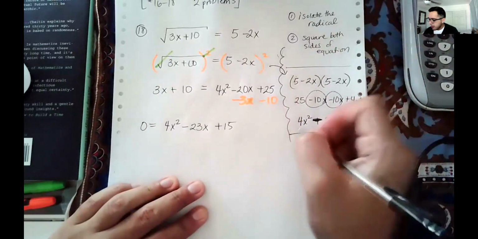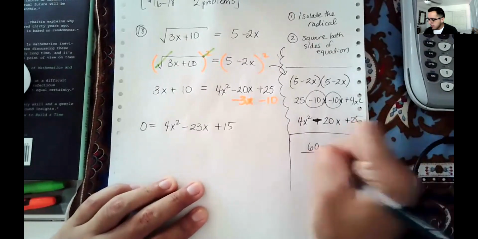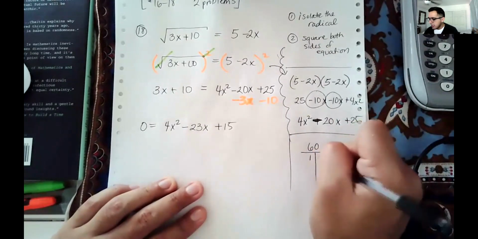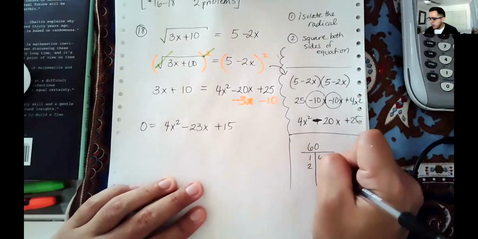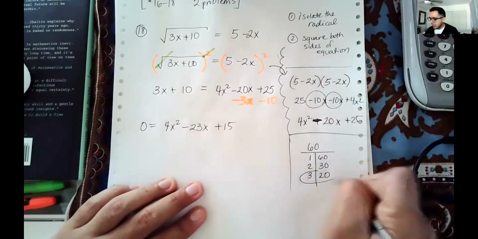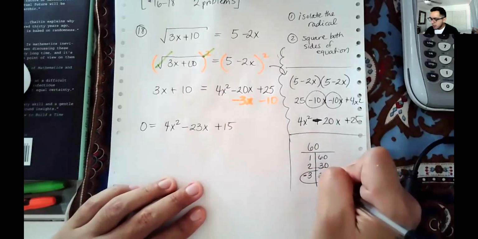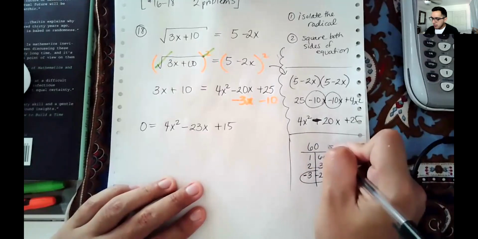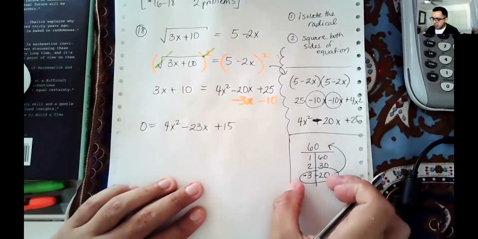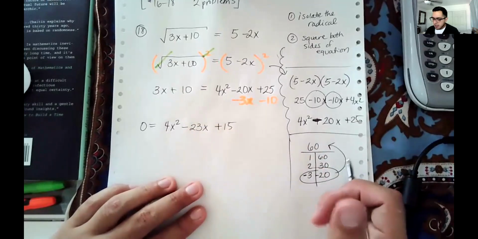So I'm looking at the factors of 60 that will somehow give me 23. So 1 and 60, 2 and 30, 3 and 20. And I can probably stop right there because -3 times -20 will give me my positive 60. And they'll also add to give me my -23.